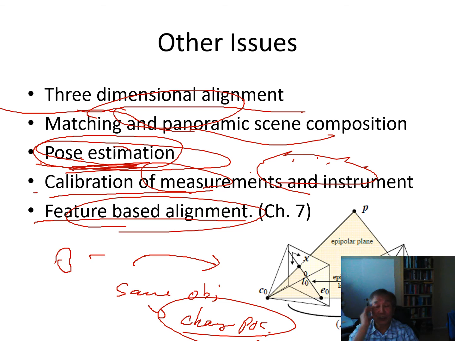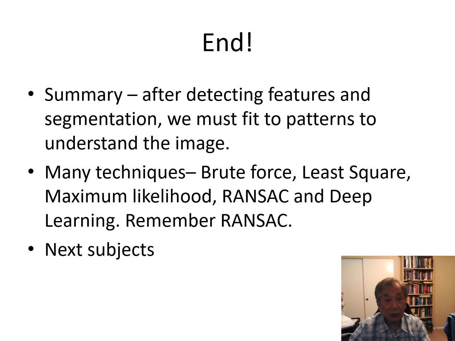That motion issue is chapter 8, I think. Okay, that's all for today's lesson on this fitting. It's a very difficult subject, and I feel like it takes a very long time to grasp the concept, but hopefully you get some ideas.